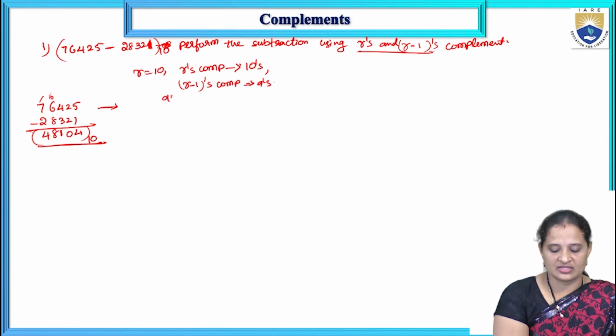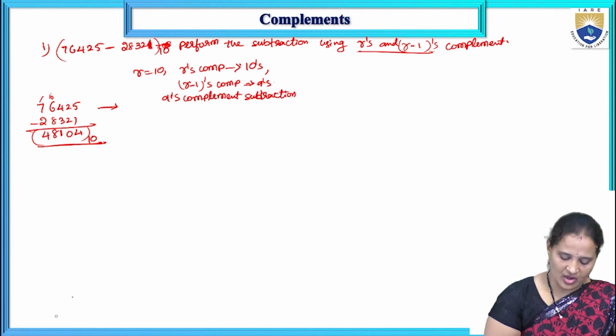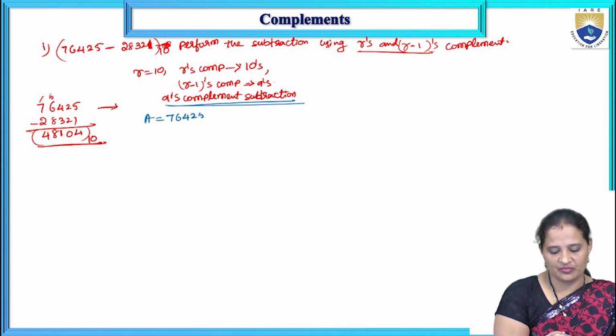Now we perform the same thing using 9's complement subtraction. Let us consider A equal to 76425 and B equal to 28321.